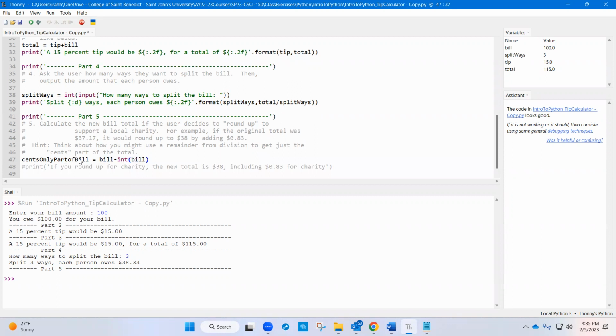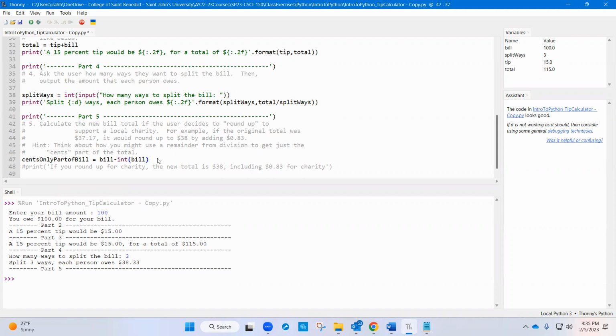Remember, integer, if you give it a decimal number, will chop off the decimal value, so that way you're able to access the integer part, and if you subtract that from bill, you get the decimal part. So in this case, bill will be 37.17, and integer bill will be 37. If you subtract those, you'll get 0.17.